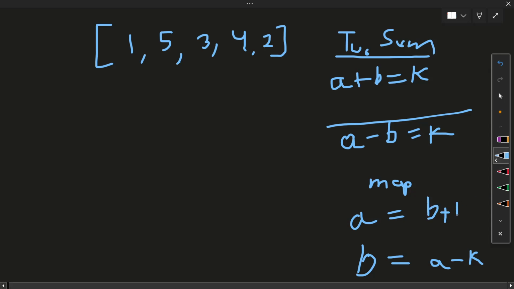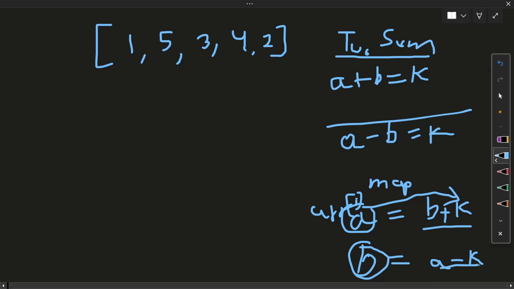So a is our current number, meaning ARR of I, and we need to find whether this integer value is present previously, meaning its value is present in our map or not, and if present, then what's the frequency of this particular number.